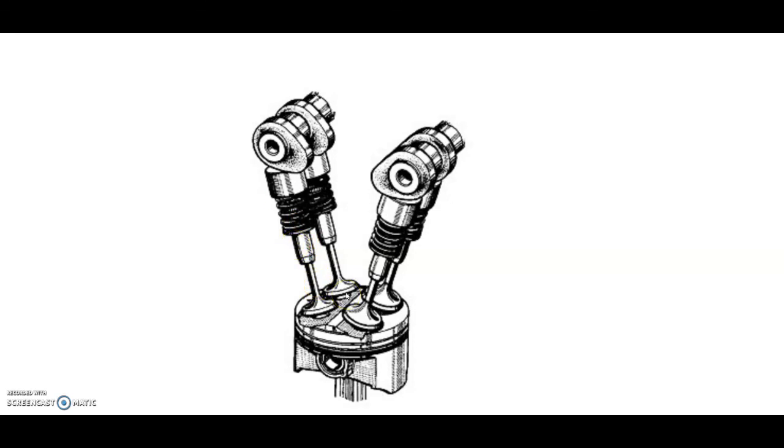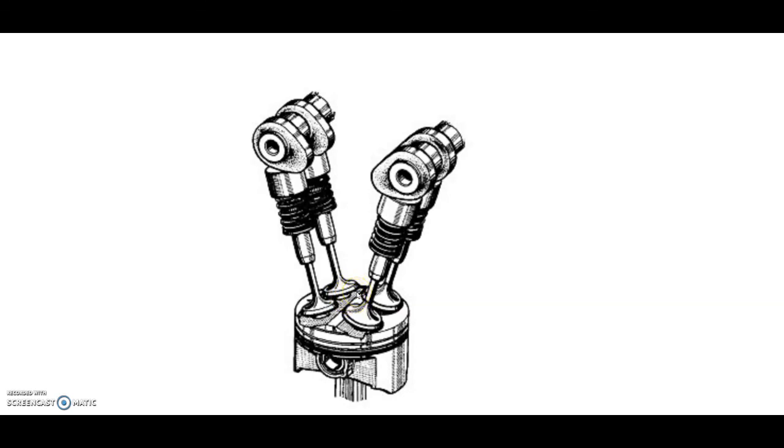The final advantage is that having this kind of arrangement, as you can see in this diagram where we've got a slight angle, with the 4 valves, we can position our spark plug right in the middle here.